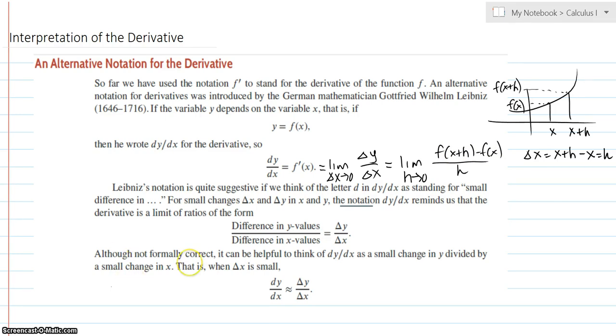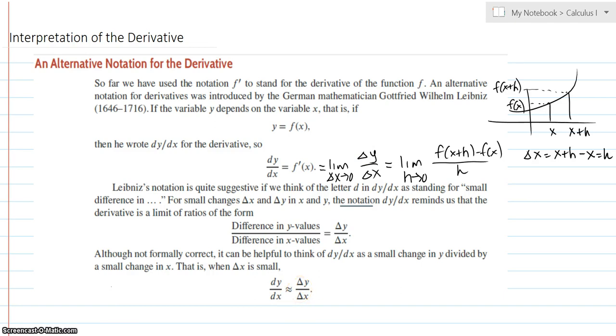Although this is not formally correct, it can be very helpful for us to think of dy dx as a small change in y divided by a small change of x. So when delta x is very small, as it goes to 0, it's approximately the same.